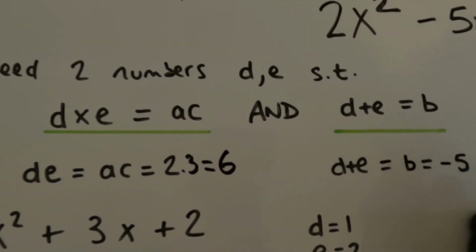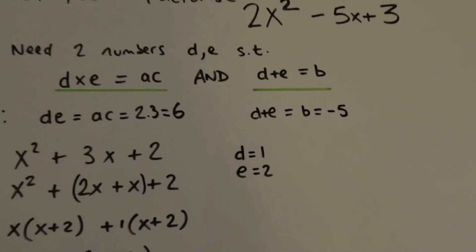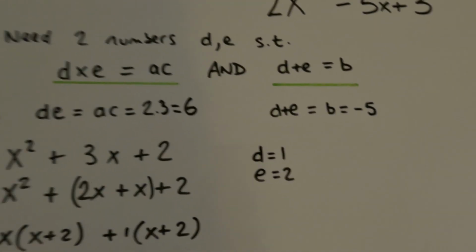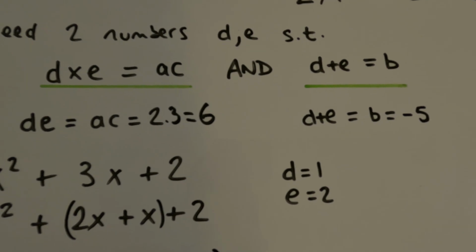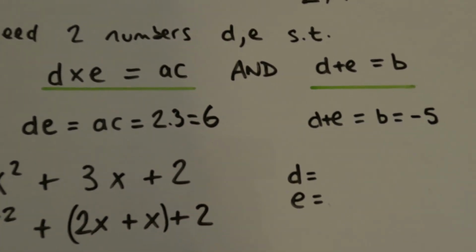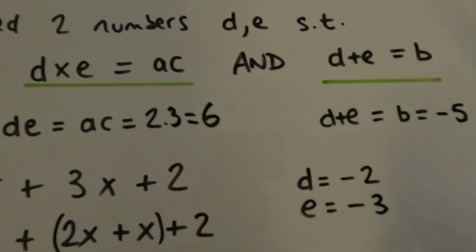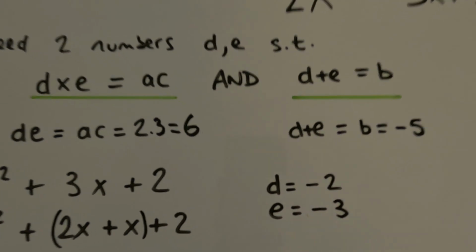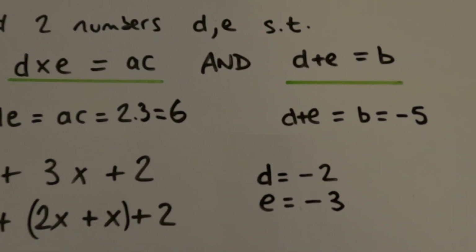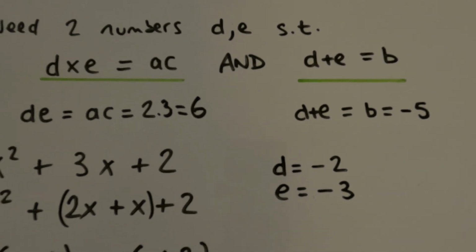So what two numbers when added together give minus 5 and when multiplied together give 6? Have a think about it for a while and I'll write the answer down while you're thinking about it. So the two answers are minus 2 and minus 3. If you add them together you get minus 5, and if you multiply them you get 6.